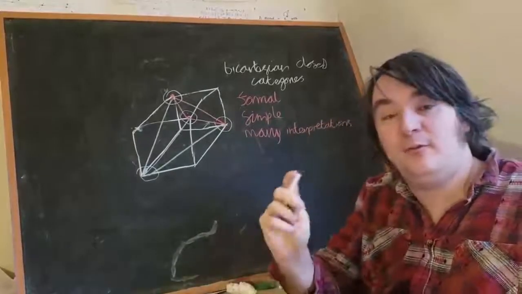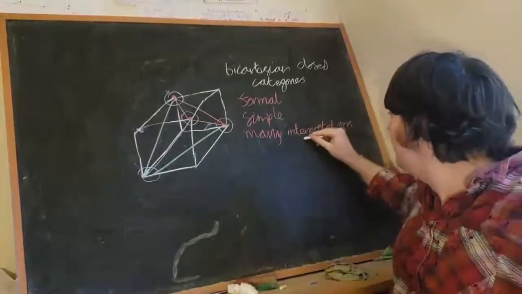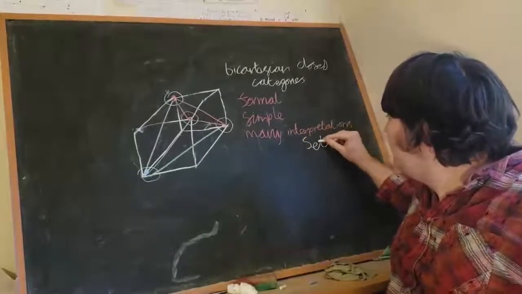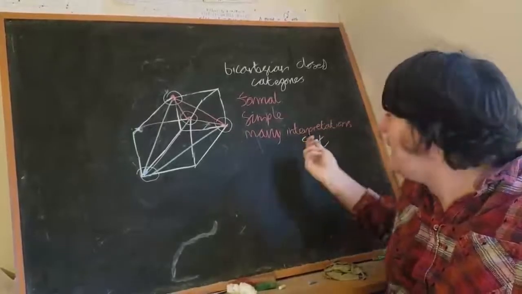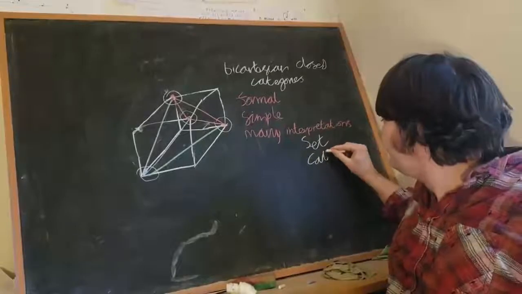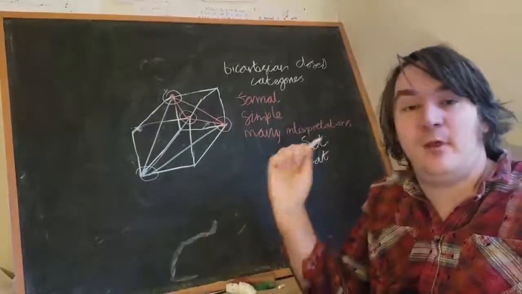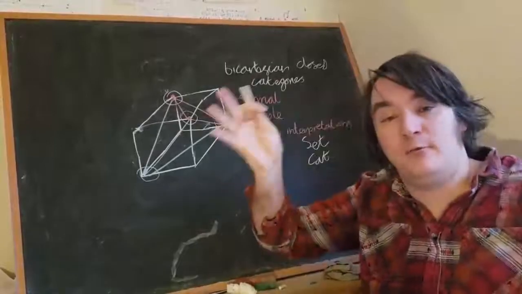So I shall list a few important Bicartesian closed categories. There is Set, the category of sets. And there is a category called Cat. This is the category of categories.